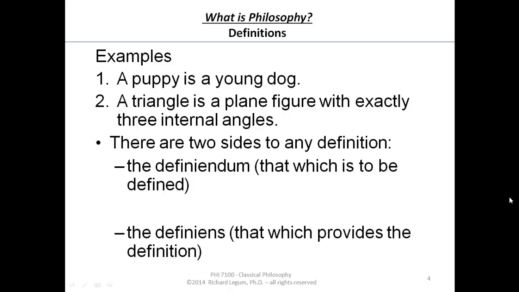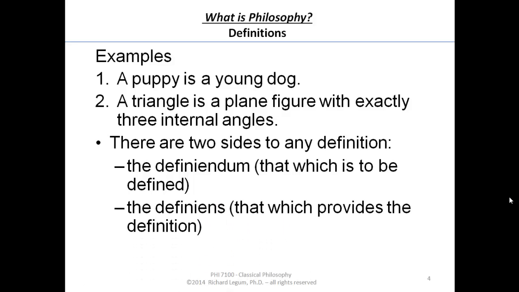Okay, but in addition to that, you also get the thing that's providing the definition, which is called, fancy term, the definiens. Right? So in the case of a puppy, the definiens, the thing that's providing the definition, is a young dog. In the case of a triangle, the definiens is a plane figure with exactly 3 internal angles.